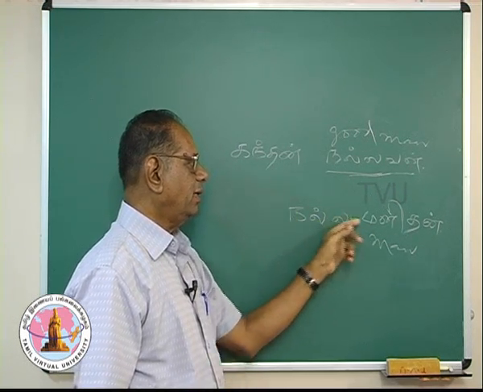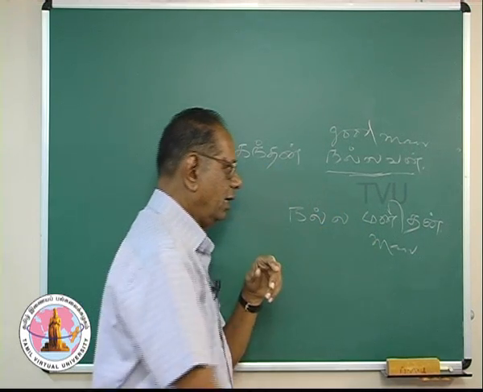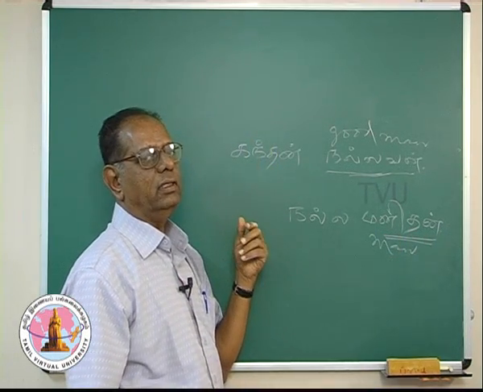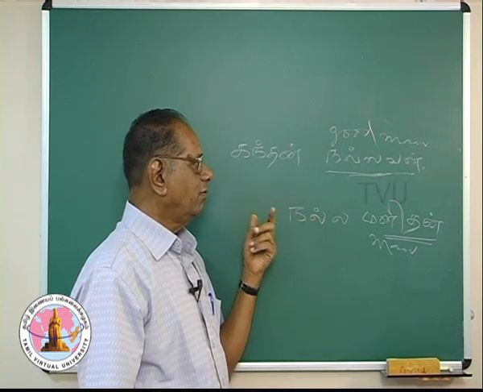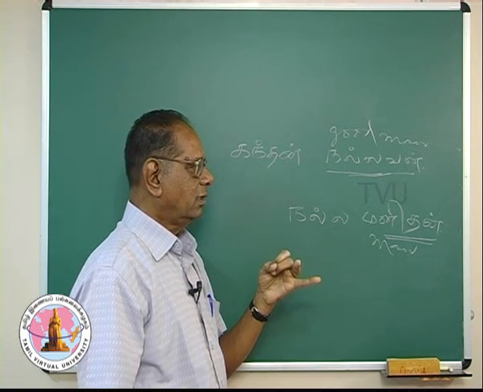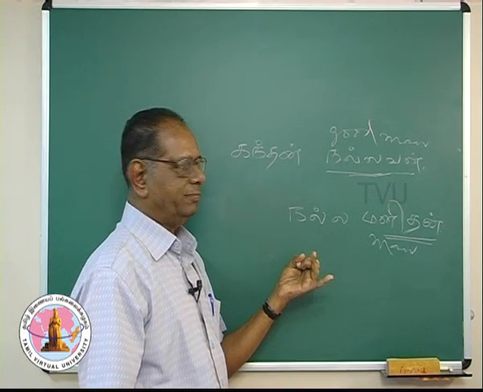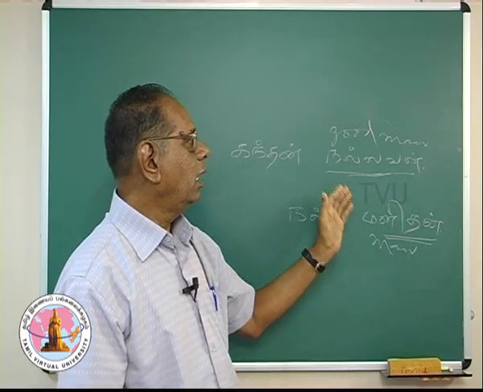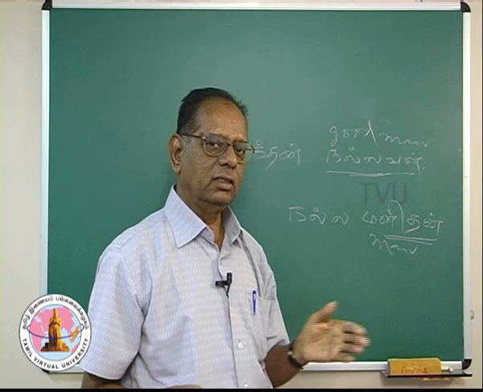Kandan, Nalla Manisan, Kandan is a good man. So again we find that a noun can be the predicate in a sentence. So a verb, a noun and an interrogation can serve the purpose of a predicate. So we shall continue the sentence formations and its variations in the next class.